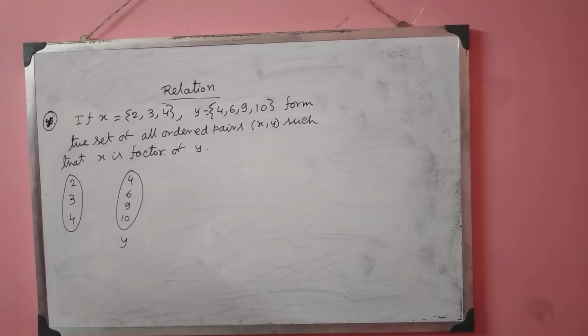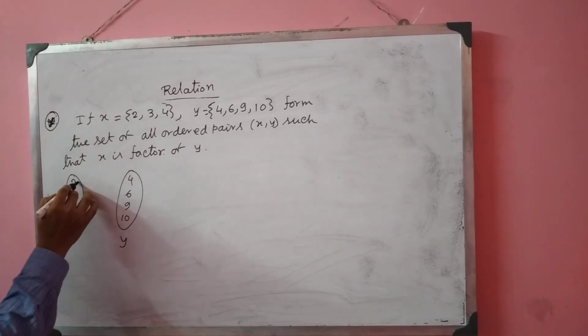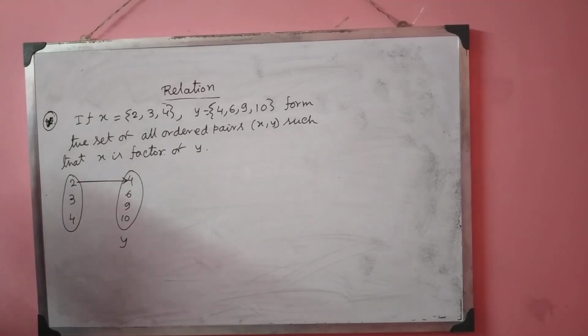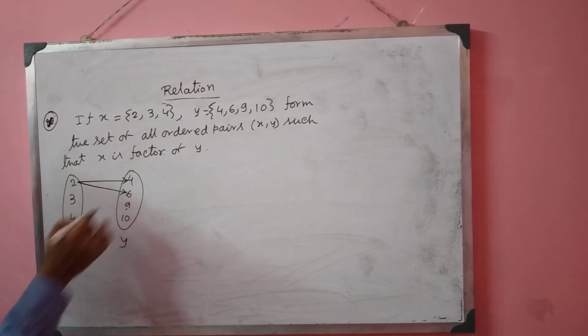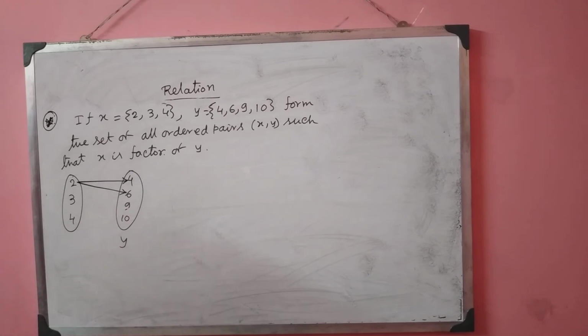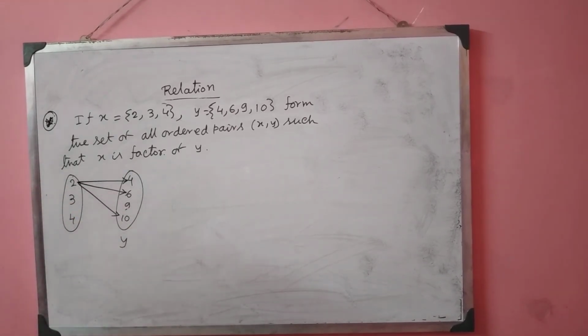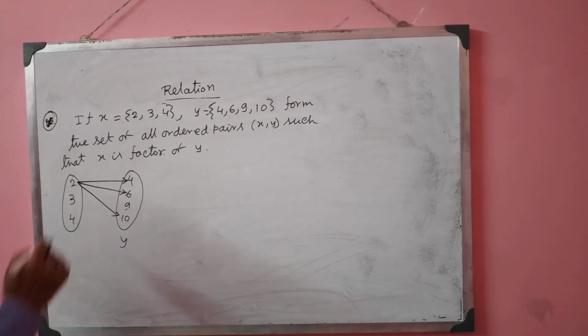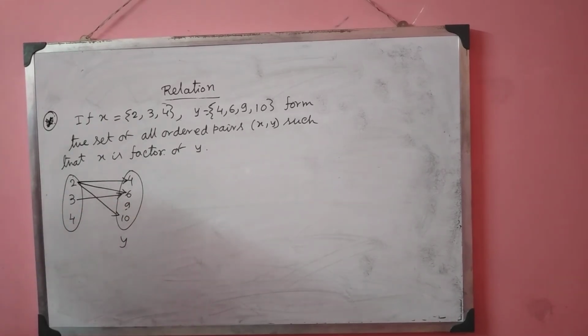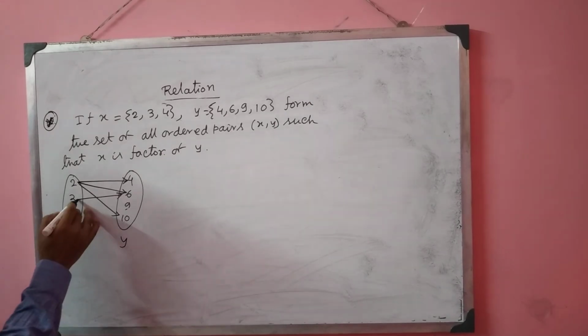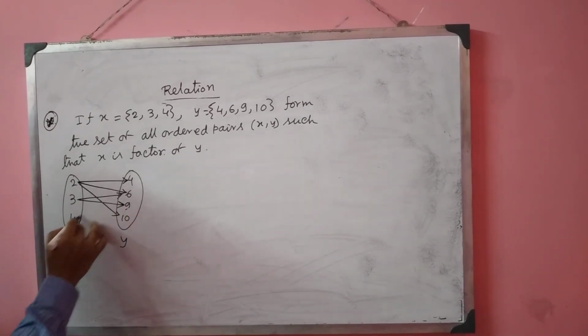Now see that 2 is a factor of 4, so 2 and 4 have a relation. 2 is a factor of 6, so there is a relation (2, 6). 2 is a factor of 10, so 2 is related to 10. 3 is a factor of 6, so there is a relation. 3 is a factor of 9. 4 is a factor of 4.